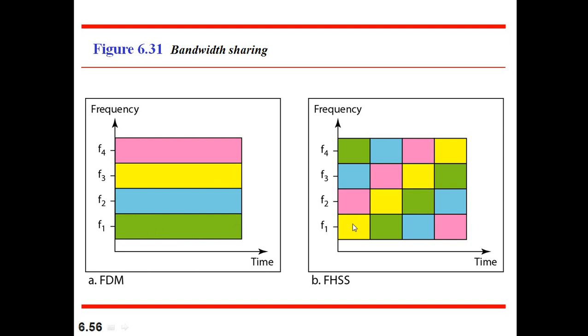And in case of FHSS, the amount of bandwidth shared by the station is also the same, a 1 by m fraction of the bandwidth, but the allocation changes on a hop by hop basis.